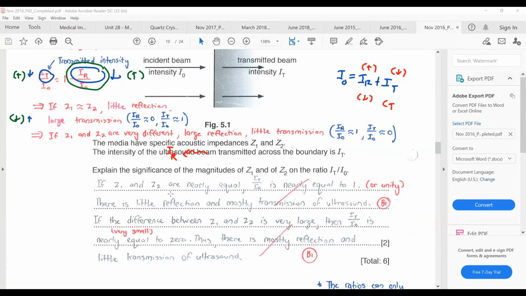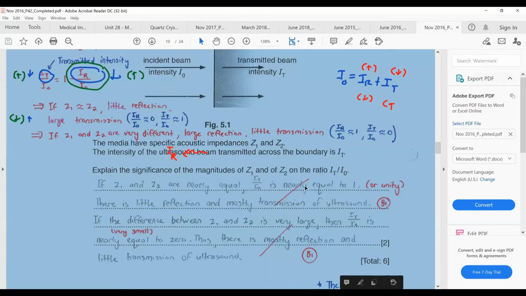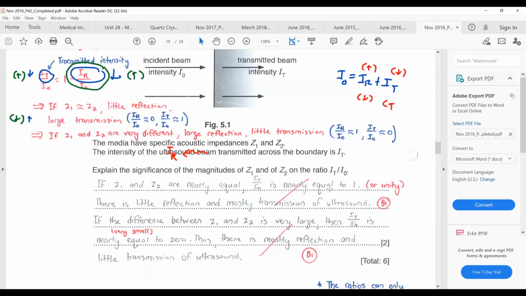If Z1 and Z2 are nearly equal, intensity reflected will be small, but transmitted intensity will be large. The fraction of intensity transmitted will be nearly equal to 1. There's little reflection and mostly transmission of ultrasound.